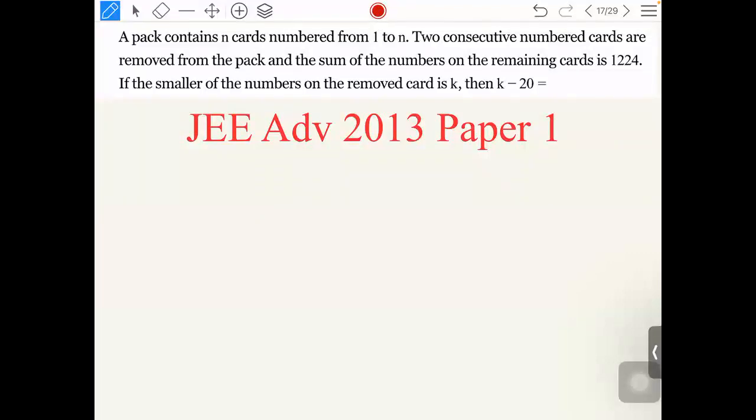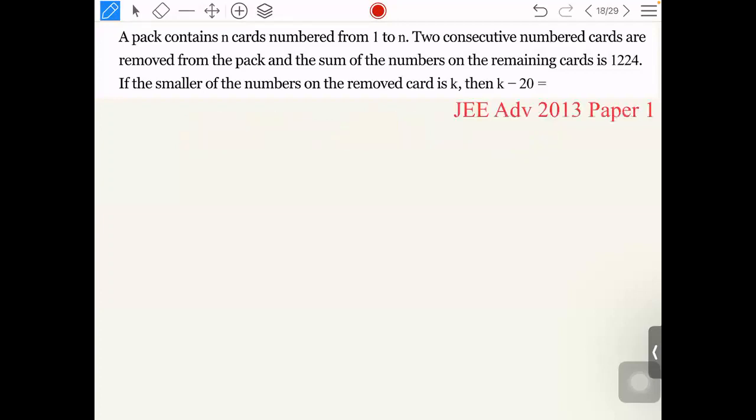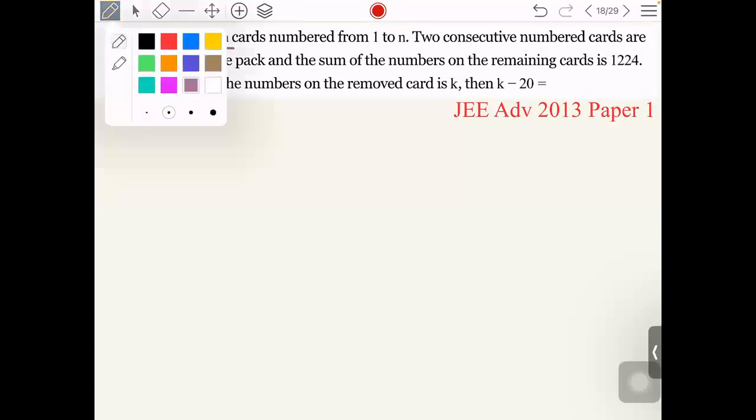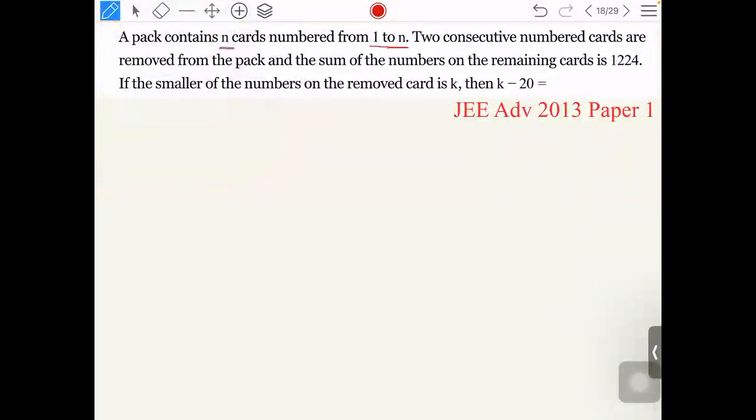Okay. So this question came in JEE Advanced 2013, paper 1. Question says that a pack contain n cards, numbered from 1 to n. Two consecutive numbered cards are removed from the pack, and sum of the numbers on the remaining cards is 1224.